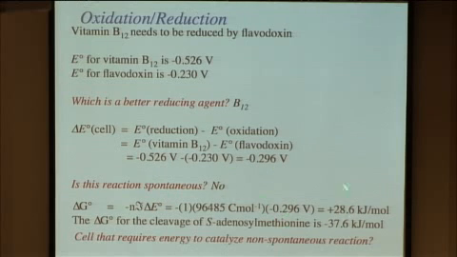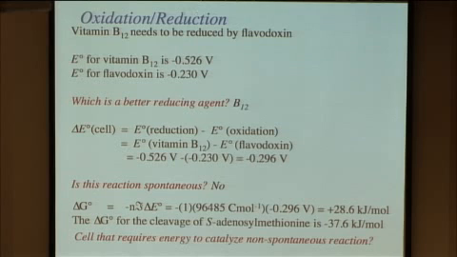We put in Faraday's constant and the calculated value for delta E, and we get a positive 28.6. And as I mentioned before in class, the way this reaction goes is that at the same time an electron goes in, you also cleave S-adenosyl methionine, which gives the methyl group to also return to the catalytic cycle. And that process is very favorable, minus 37.6 kilojoules per mole. So it drives the unfavorable reaction.